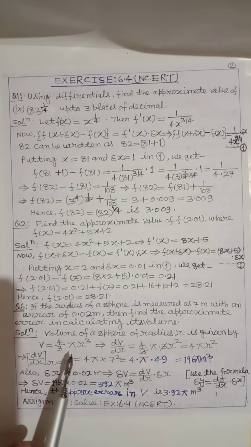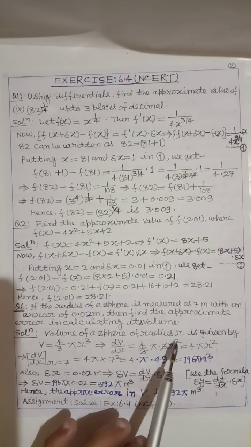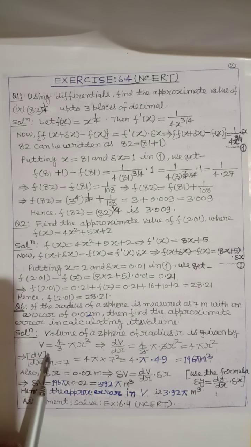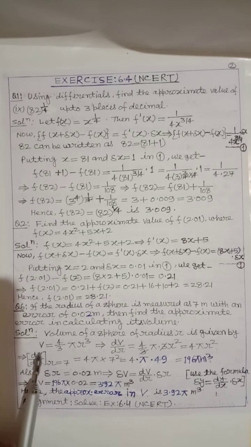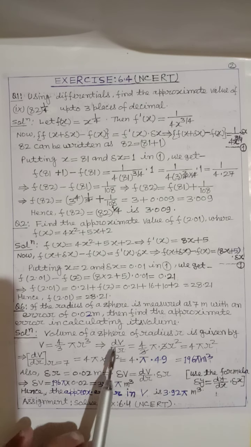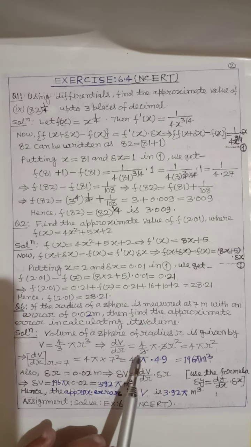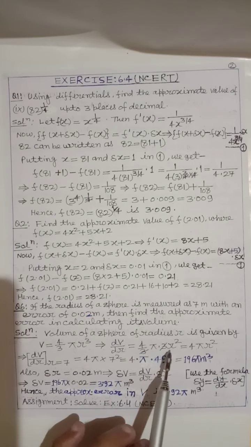Dear students, suppose that radius of sphere be r and the volume v equals 4 by 3 pi r cube, and if we find dv by dr, means differentiating this function with respect to r, we get dv by dr equals 4 pi r square.